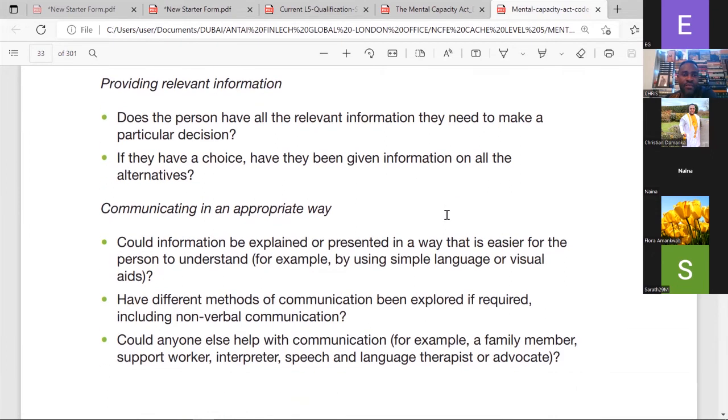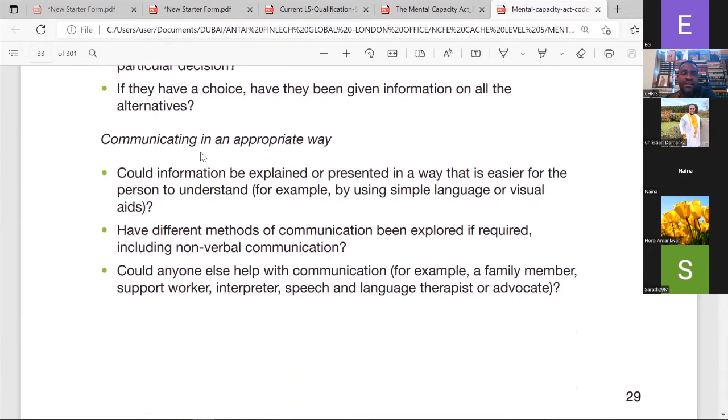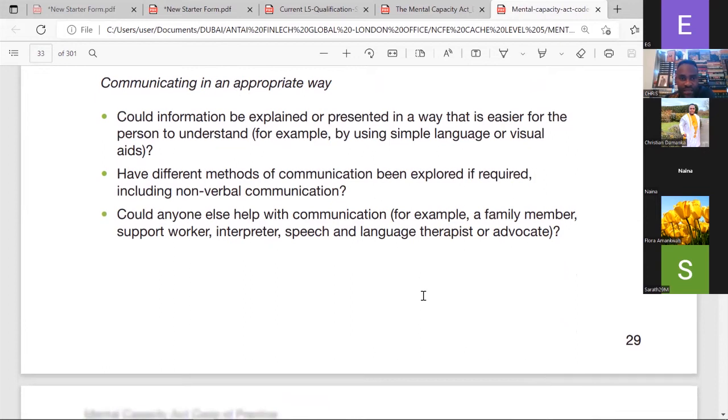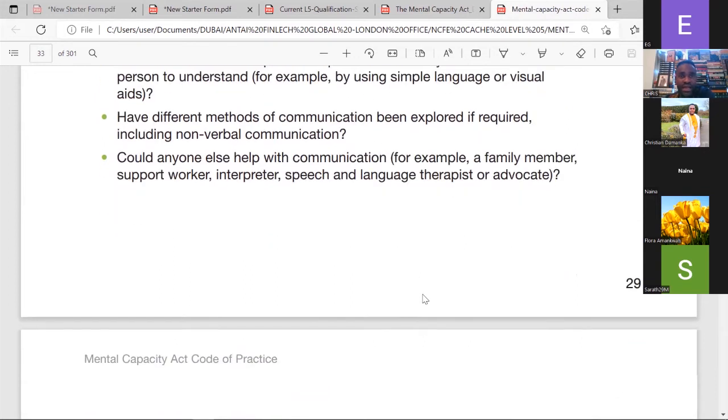But apart from that, we should also make sure that whatever is communicated to the people is communicated appropriately in a way that they understand. Different things could be included in ensuring that. One of them is to ensure that you are explaining the information in a way that the person can understand, using different methods of communication, both verbal and non-verbal.